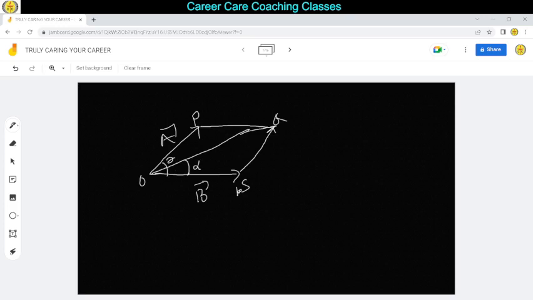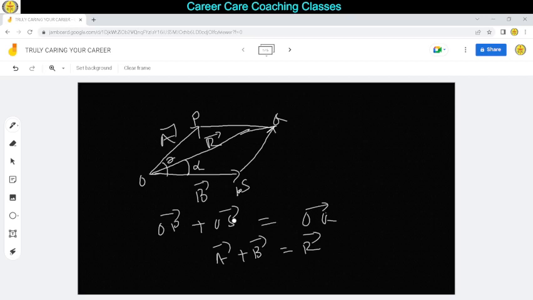Suppose this angle is alpha. So we can write OP plus OS is equal to OQ. This vector is R, so A plus B is equal to R.